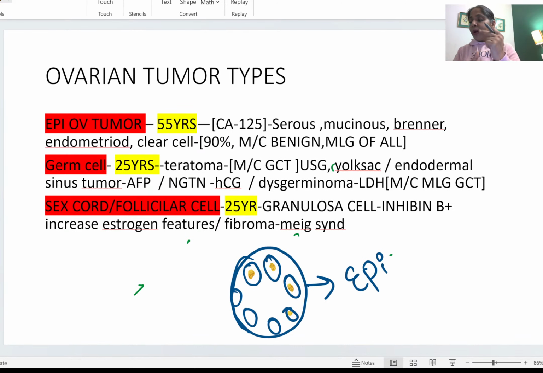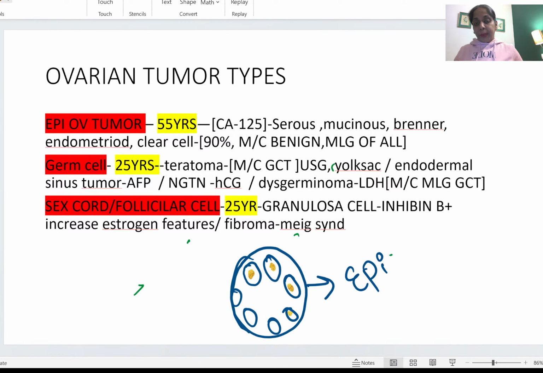That determines what type of tumor it will become. If the fallopian tube growth factors act on that ruptured epithelium, then the tumor mass will be serous, right? Because the fallopian tube makes serous secretions. Most commonly it is a serous ovarian tumor.